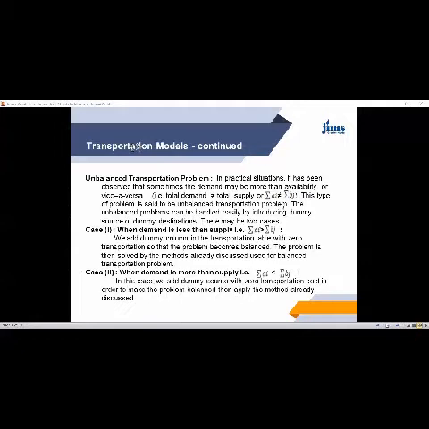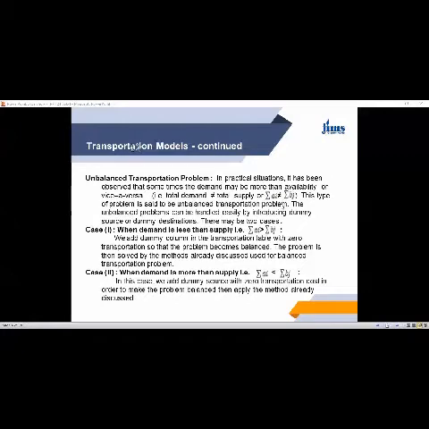The unbalanced transportation problem is made balanced by adding a dummy column in the transportation table with zero unit transportation cost. And then the problem is solved as discussed for the balanced transportation problem.